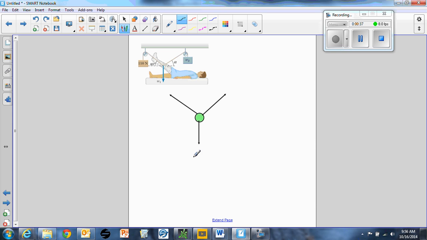What that means is that pulling downward in the negative y direction is the weight, and that's 220 newtons. That would be considered the gravitational force. We have a tension, Ft, equals 110 newtons, not 100.